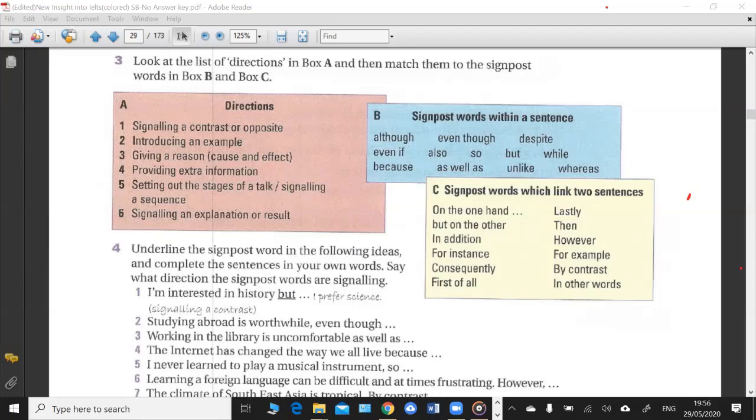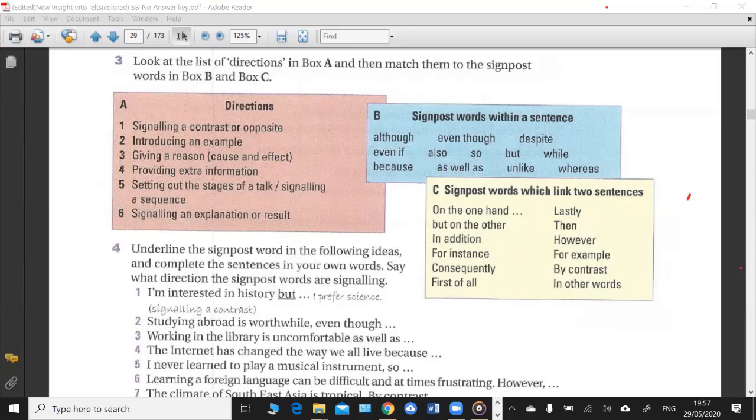So providing extra information, we can say in addition, also, as well as, or furthermore. Whereas, no, whereas is something else. Whereas is a slightly contrasting or opposing thing. Furthermore, in addition, moreover, you can say that.